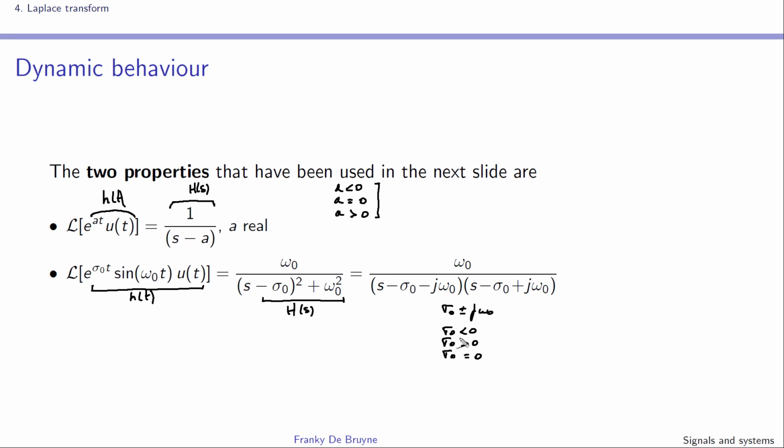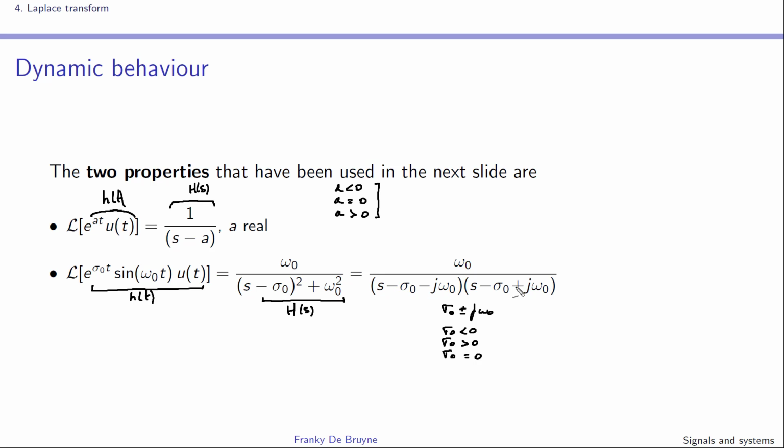So you can see that if sigma 0 is negative, the two complex conjugate poles have a negative real part, so they are situated to the left of the j omega axis. So the system is stable, and you'll have a sine or a cosine. Remember that what I've shown before, you can do something very similar with sine replaced by cosine.